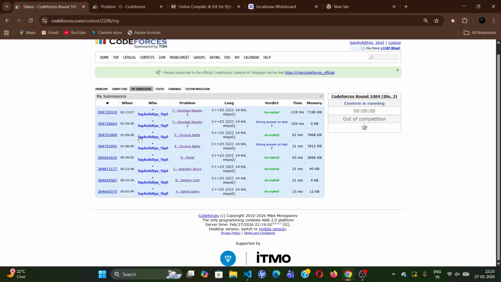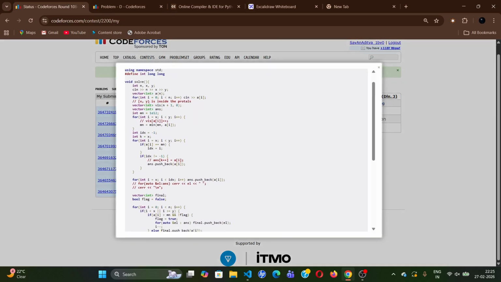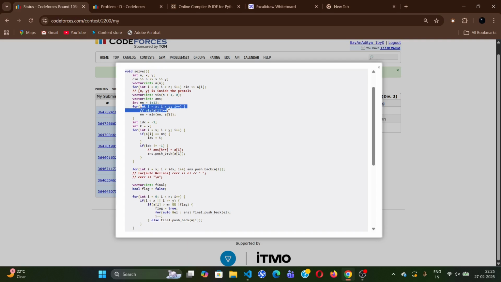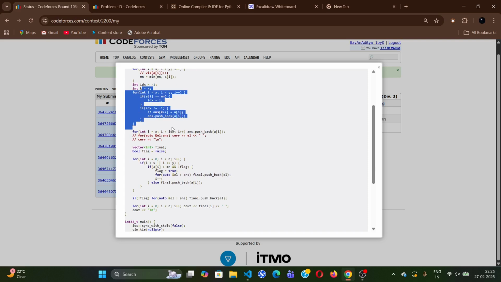And I did the same in my code. This is the inside part of the portals, then I took the minimum of the inside part, then I kept the lexicographically minimum possible cyclic permutation of that inside part.